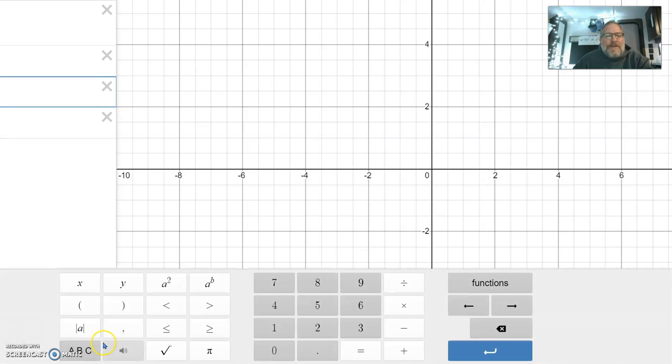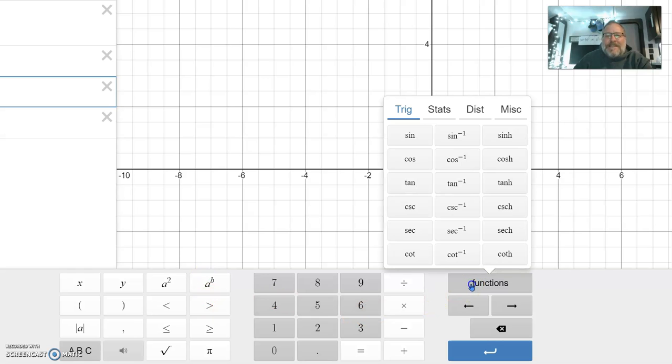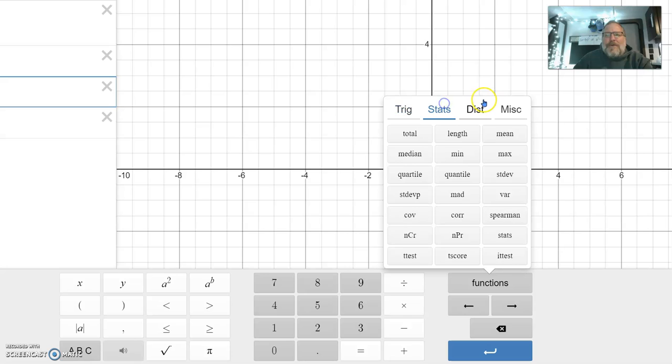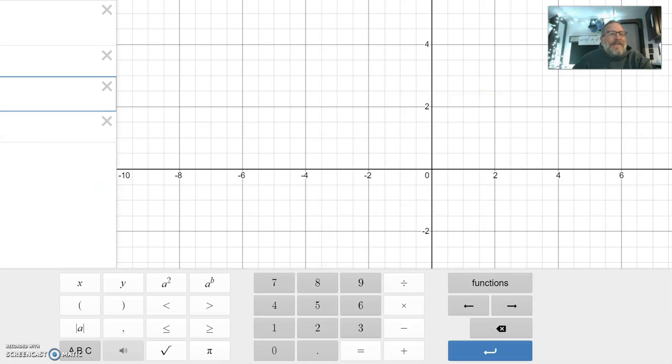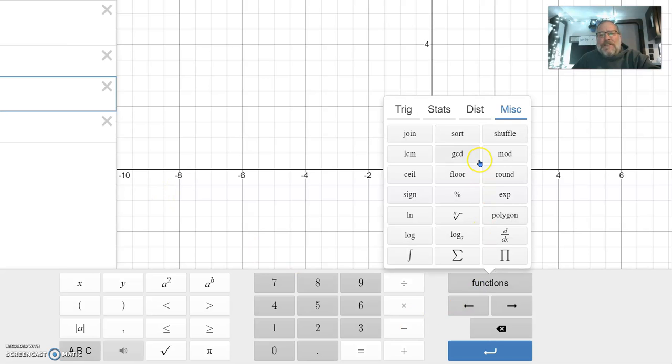By the way, when you want to do log base 5, it is in the main functions area, and you can pull out a different type of log with a base. There's something called a log base A in there. So if you go to the functions on the calculator, you can change the base on the log. It's very cool. Again, functions, go to miscellaneous, and it's right here.